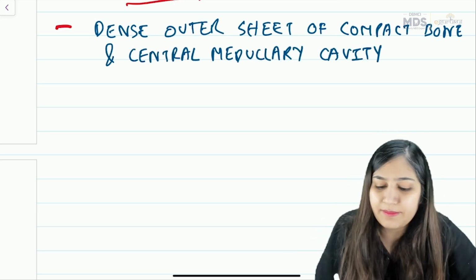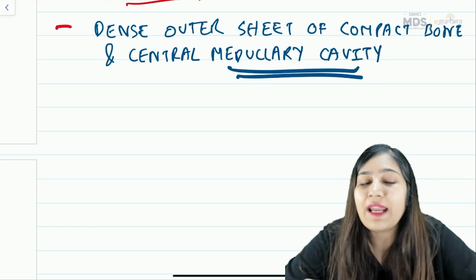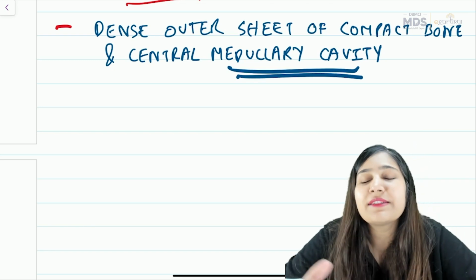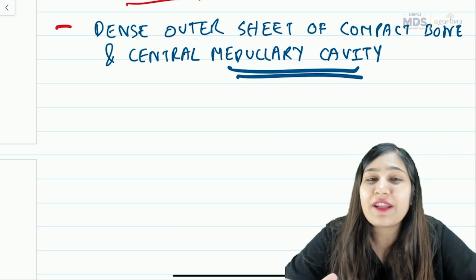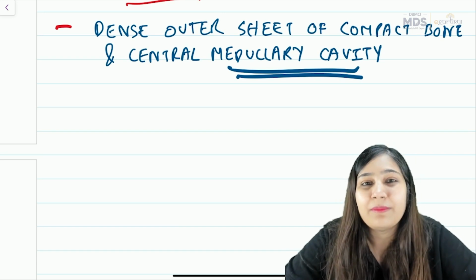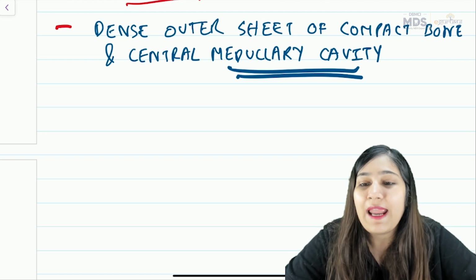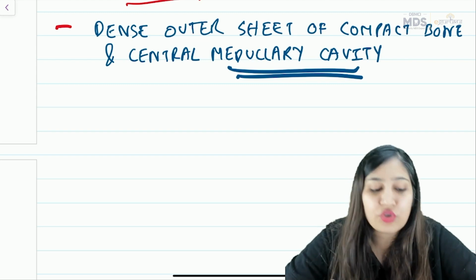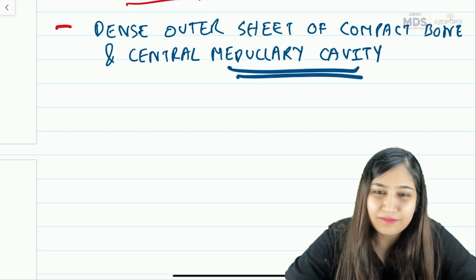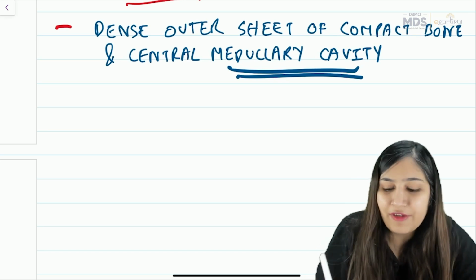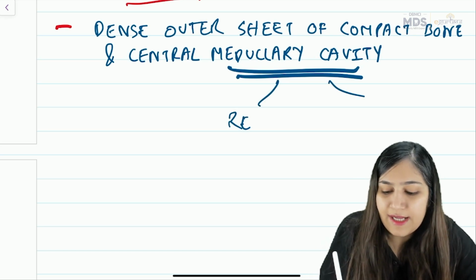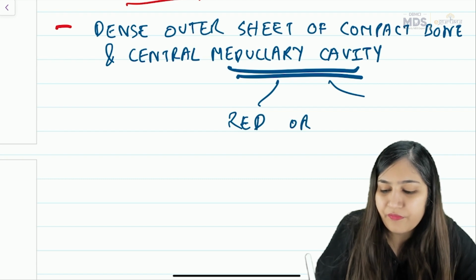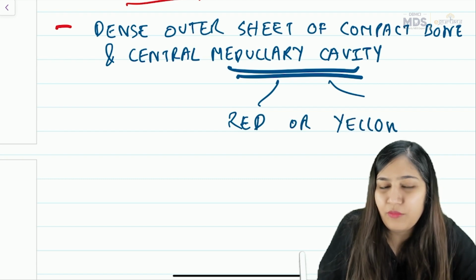The medullary cavity is mainly filled with red or yellow bone marrow. As we have discussed, red bone marrow consists of hematopoietic stem cells, which give rise to bone cells and blood cells mainly. And yellow bone marrow acts as a storage of fat. So, the medullary cavity is filled with red or yellow bone marrow.